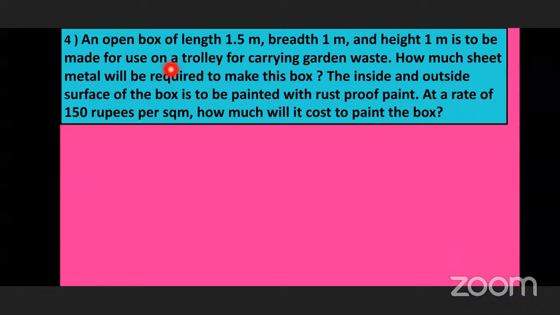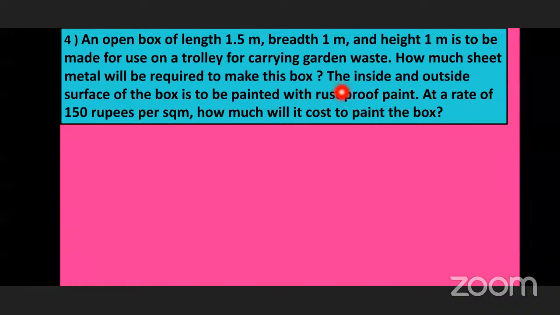In this question, children, there are two questions. First, we have to find out how much metal sheet is required to make the box. The box is open, and as it is required for carrying garden waste on a trolley, it is rectangular in shape, but open.